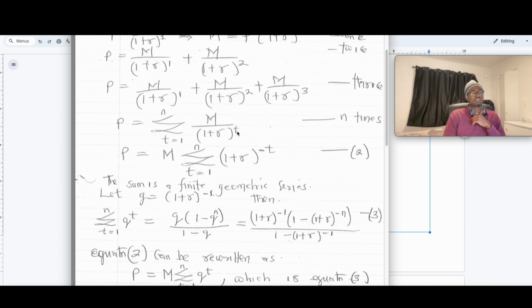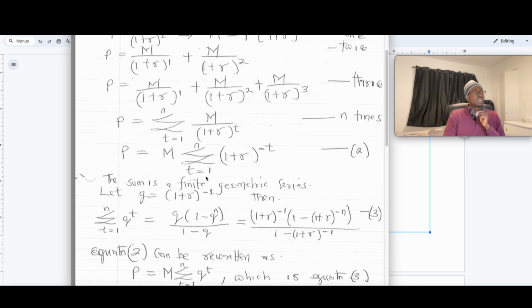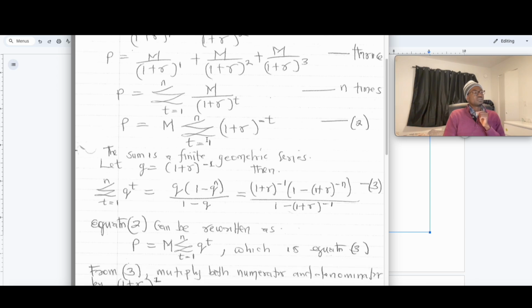So we are trying to simplify this equation, the n times equation, by just factoring out the m and then expressing this in the form of a power like this. Instead of 1 divided by this, it's going to be 1 plus r raised to power minus t. Mathematically, it's the same thing. And then we now want to find the sum.